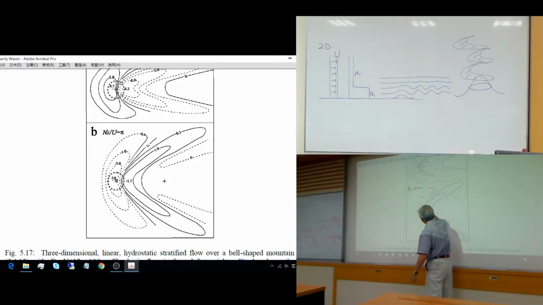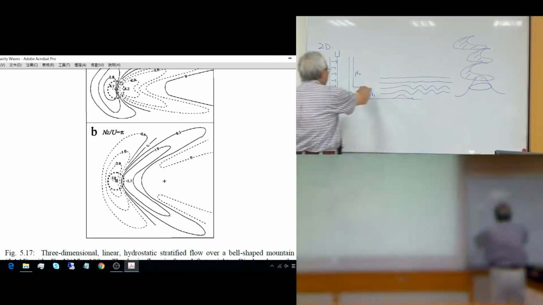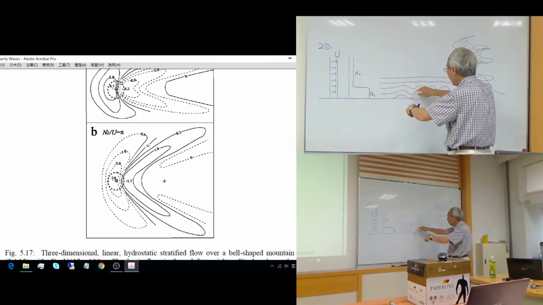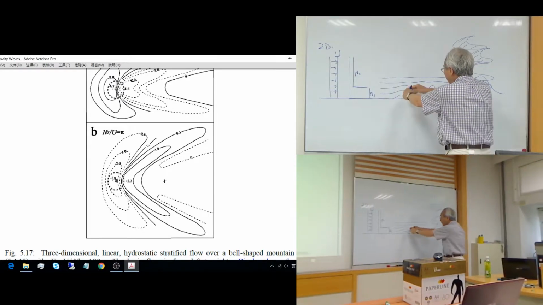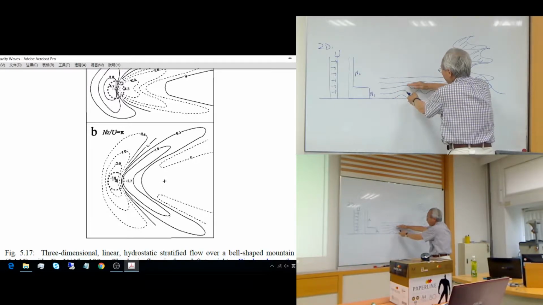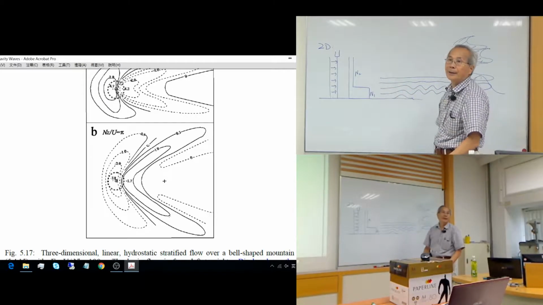They go like this, because the wave energy is trapped here, trapped in the lower layer, so it is going to diverge out like that. The transverse waves will be repeating like the waves.